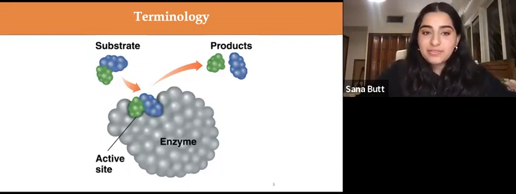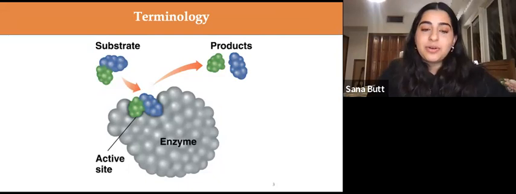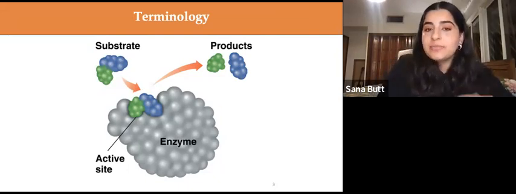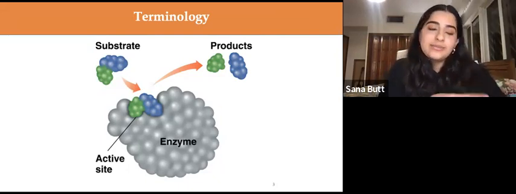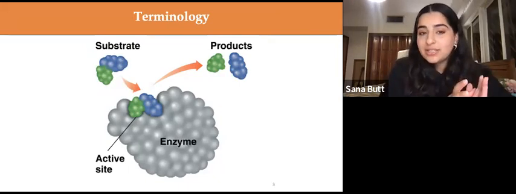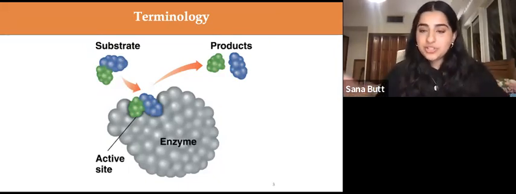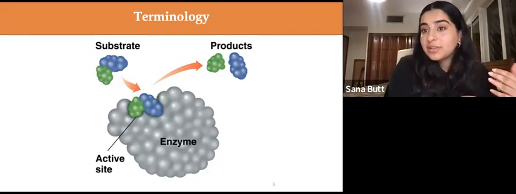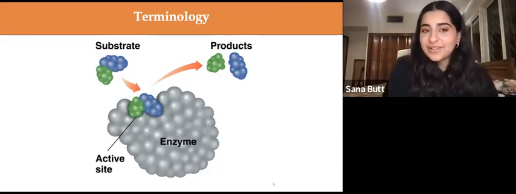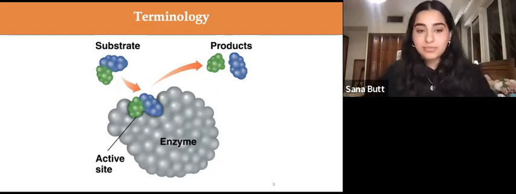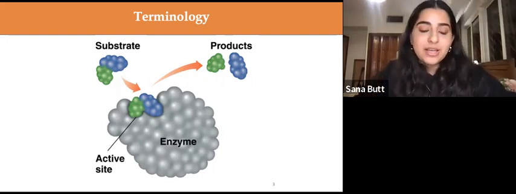What makes enzymes specific is their active site. Enzymes are specific to their substrate because of their active site. Whenever you want to remember that, think of the analogy: you need ovens in bakeries for cookies, but you might need a different device for a different type of substrate to create a different type of product. We'll talk more about this later.